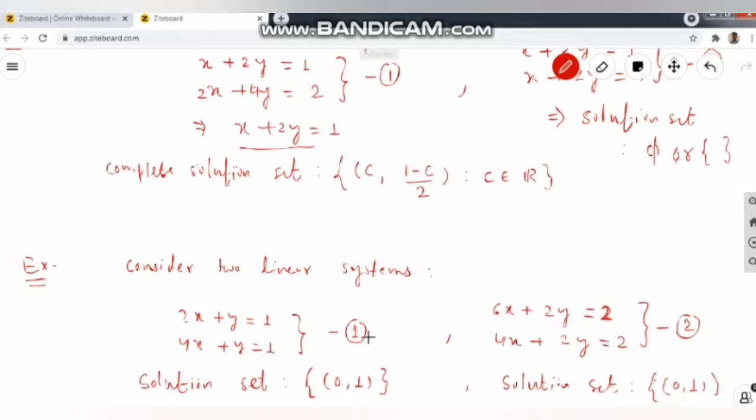So both the systems are very different, but both have the same solution set. Such systems of linear equations are called equivalent systems.